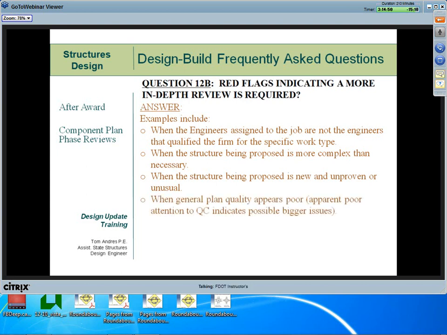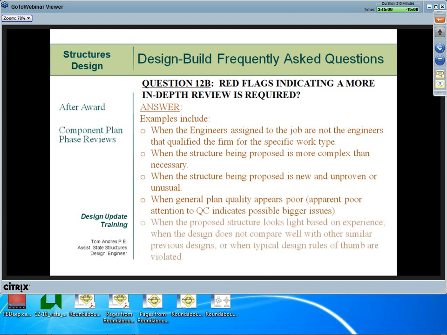When general plan quality appears poor, apparent poor attention to QC indicates possible bigger issues. That's certainly true. When the proposed structure looks light based on experience, when the design does not compare well with other similar previous designs, or when typical design rules of thumb are violated.